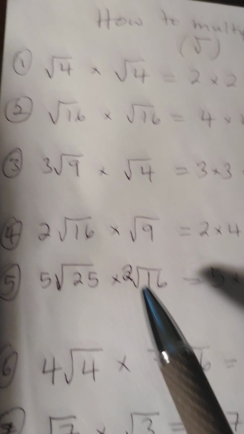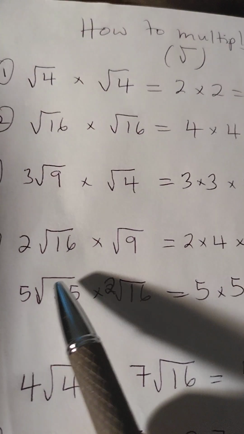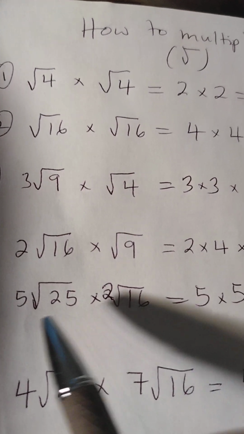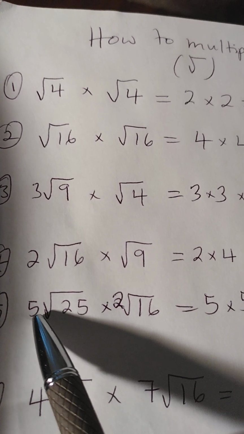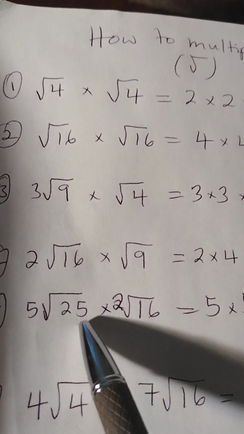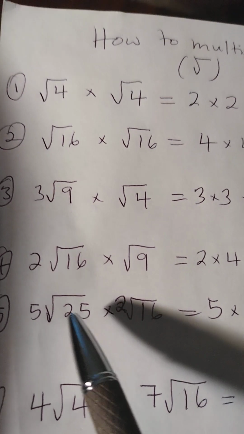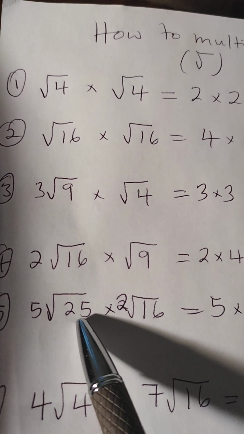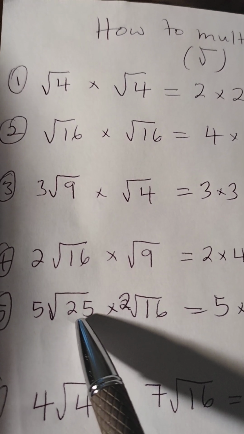On this question right here, you see the number 5 times the square root of 25. So what is the square root of 25? The square root of 25 is 5.